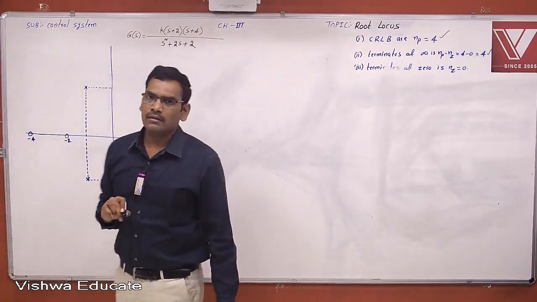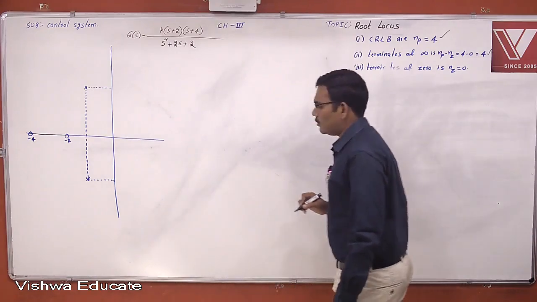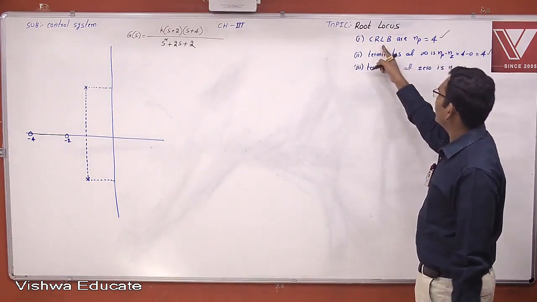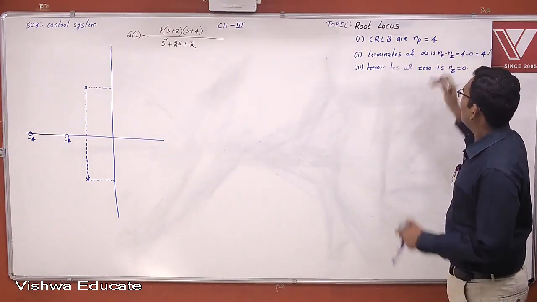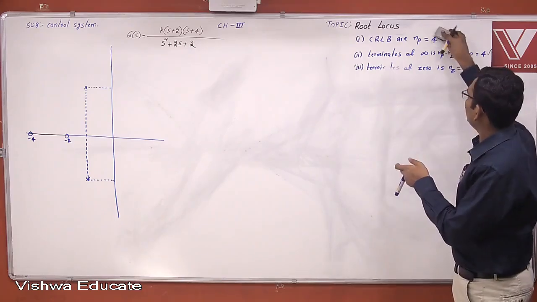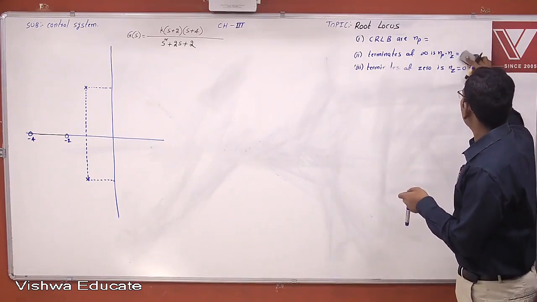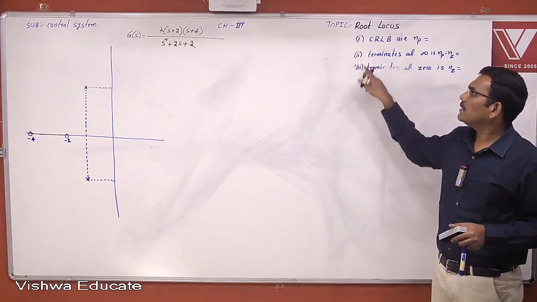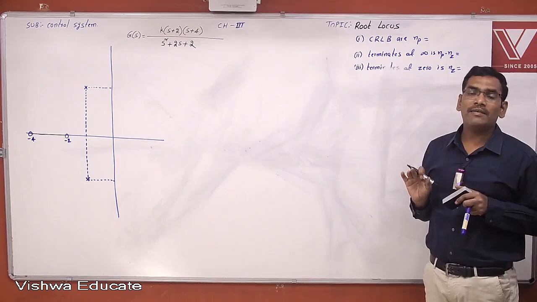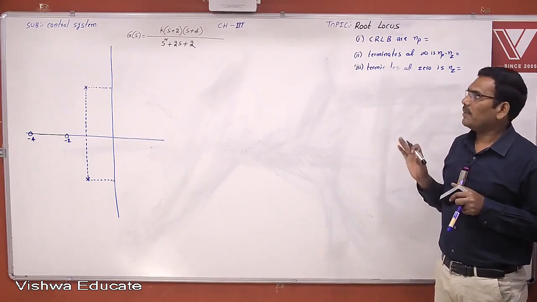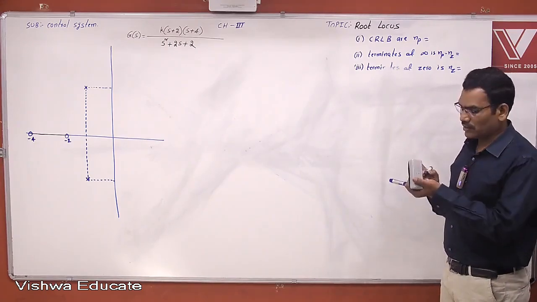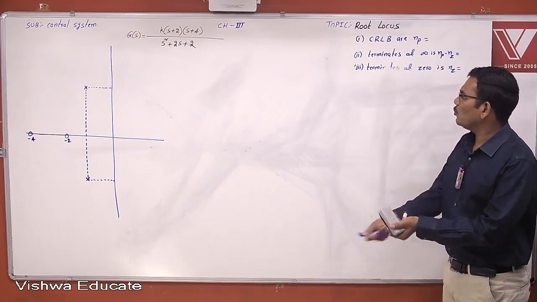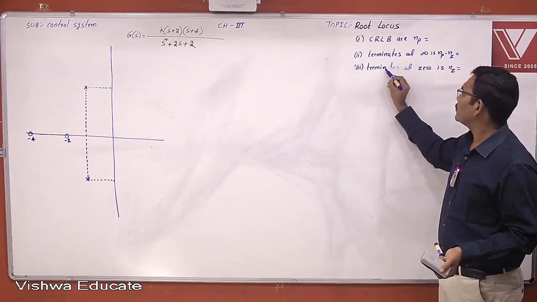Here most of the students make the same mistake. You write the complete root locus branches as NP, like that. No, this is not valid here. These three shortcut methods are valid only for the practical transfer function. The practical transfer function is a transfer function where the number of poles is greater than the number of zeros.